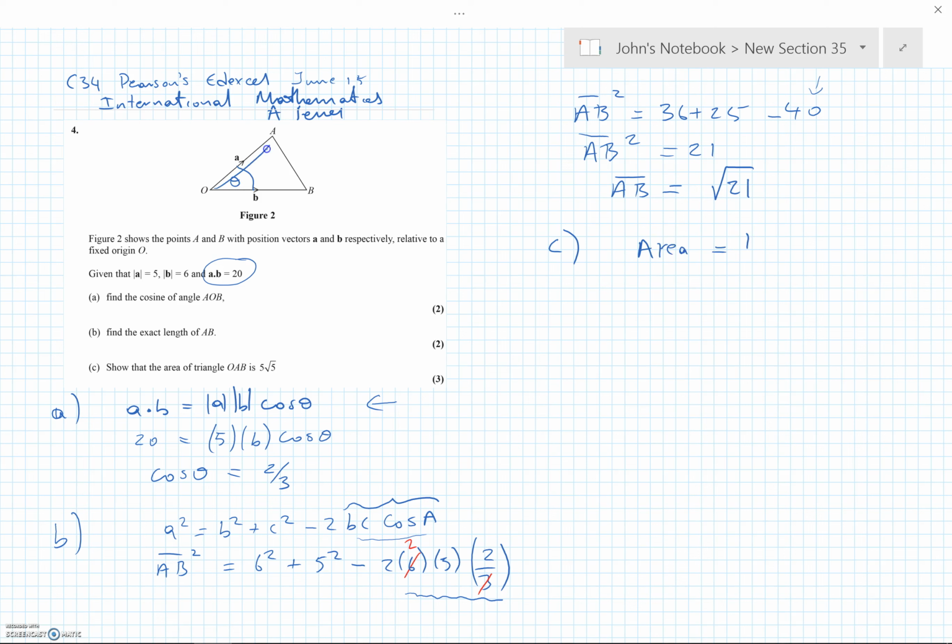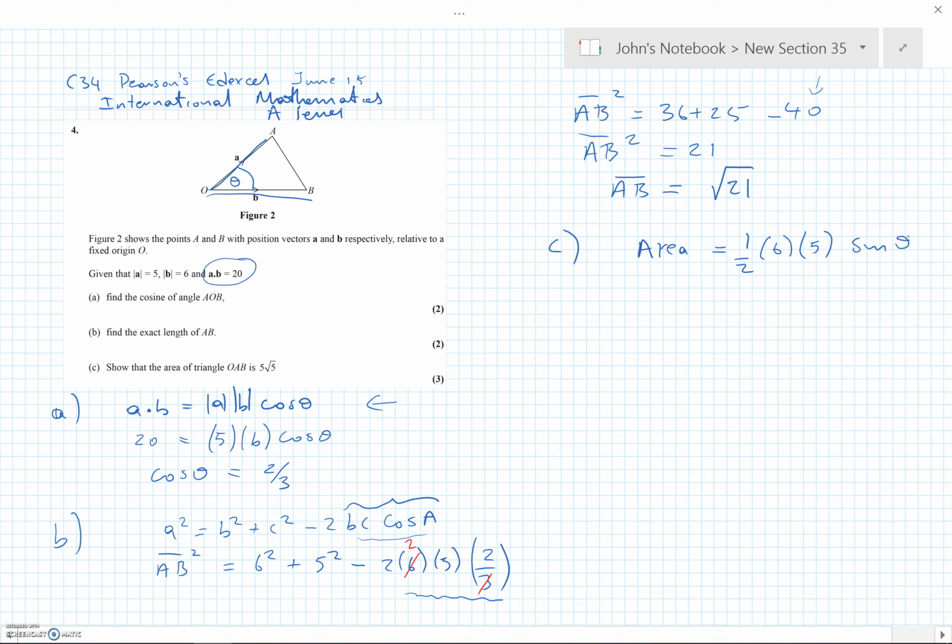If you know the length of the two sides either side of the angle, we can work out the area by doing half times the two sides in between, where the angle is in between. So it's half times 6 times 5, two sides, times sine theta.